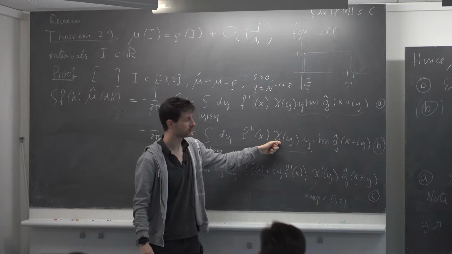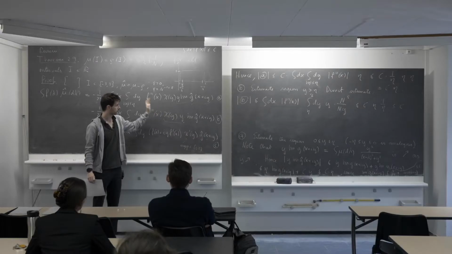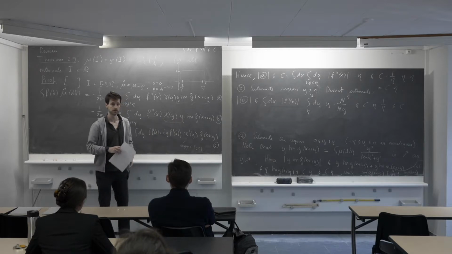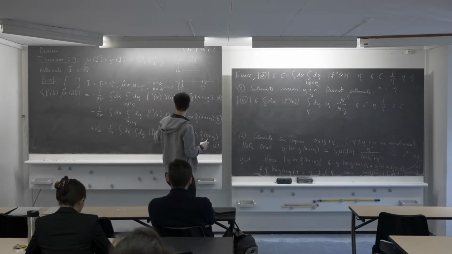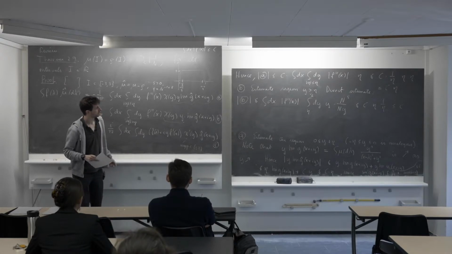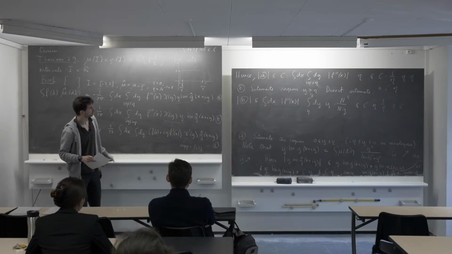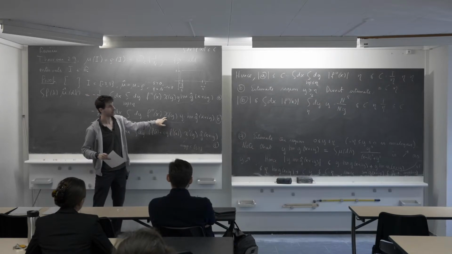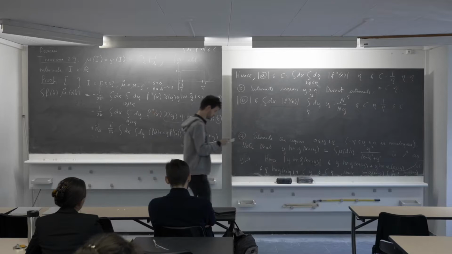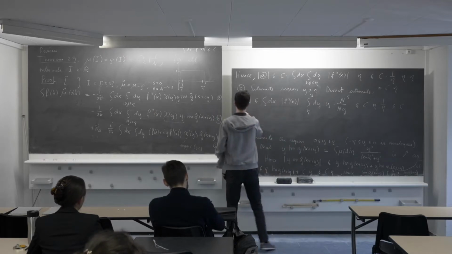If we differentiate the chi, everything is going to be very easy to estimate, and differentiating the y is also quite benign. Here we just have to watch out: we get a boundary term, because the integral in y goes from eta to 2. We don't get a boundary term at 2 because of the chi, but we get a boundary term at eta. So this is not good enough.